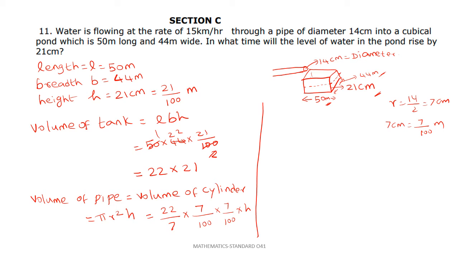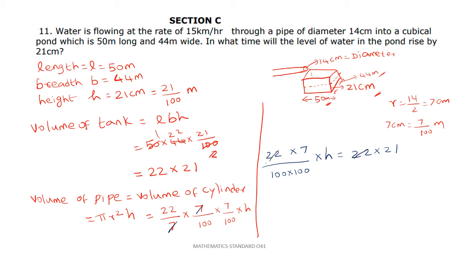So now, as the volume of the pipe and the volume of tank is equal, let's equate both. So 22 can cancel 1 7. So when I'm writing only the remaining values, into 100 multiplied by h is equal to 22 multiplied by 21.